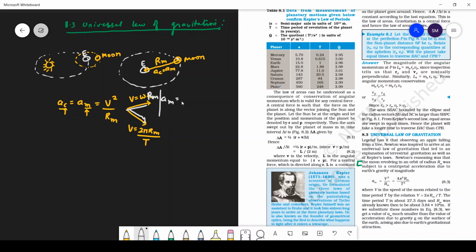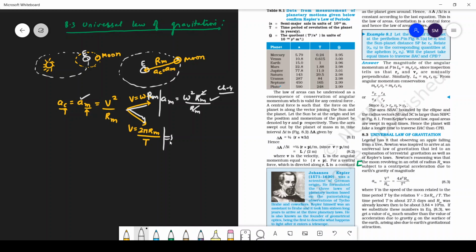So this Am is equal to omega square Rm square upon Rm. So this one Rm will cancel out and you get omega square R. That's the centripetal acceleration. Okay, we have the formula. We did it in chapter number 4, omega square R, centripetal acceleration.